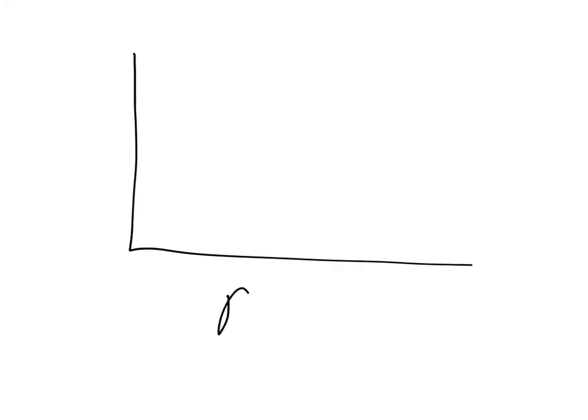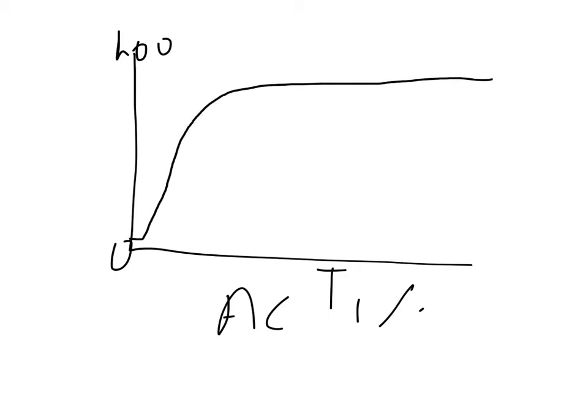Okay. This is activation energy, and it goes from 0 to 100. Normally you might have a chemical reaction where you need this much energy up to here to get it to move.